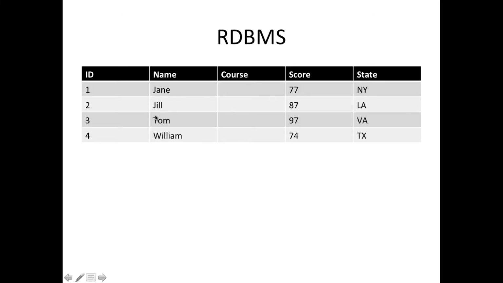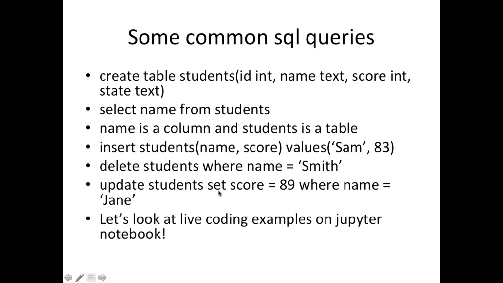For instance, if that student was Tom, and I delete that, it will delete all the records for Tom. So this whole row will be deleted and it will no longer be in my table.